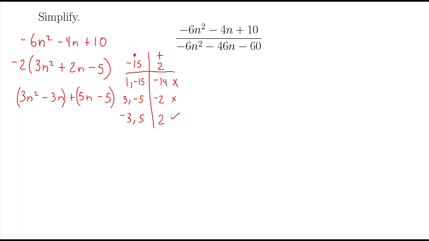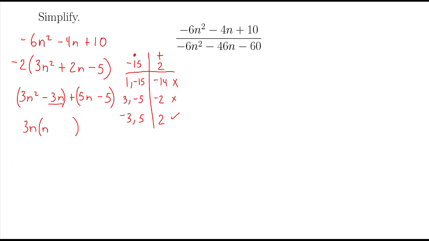3n squared minus 3n. They're both divisible by 3, and they both have an n in common, so the common factor is 3n. If I divide this by 3n, I'm left with n.